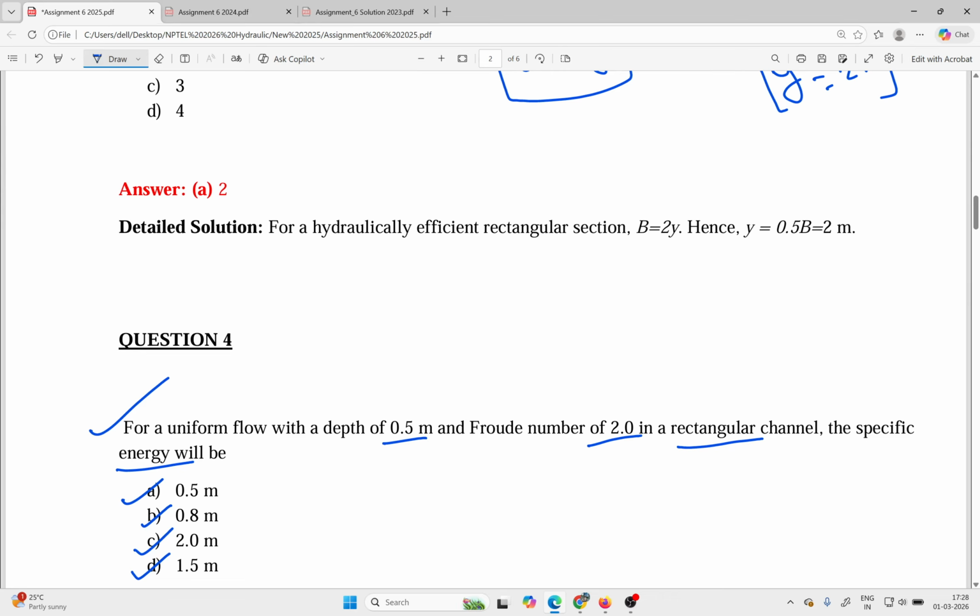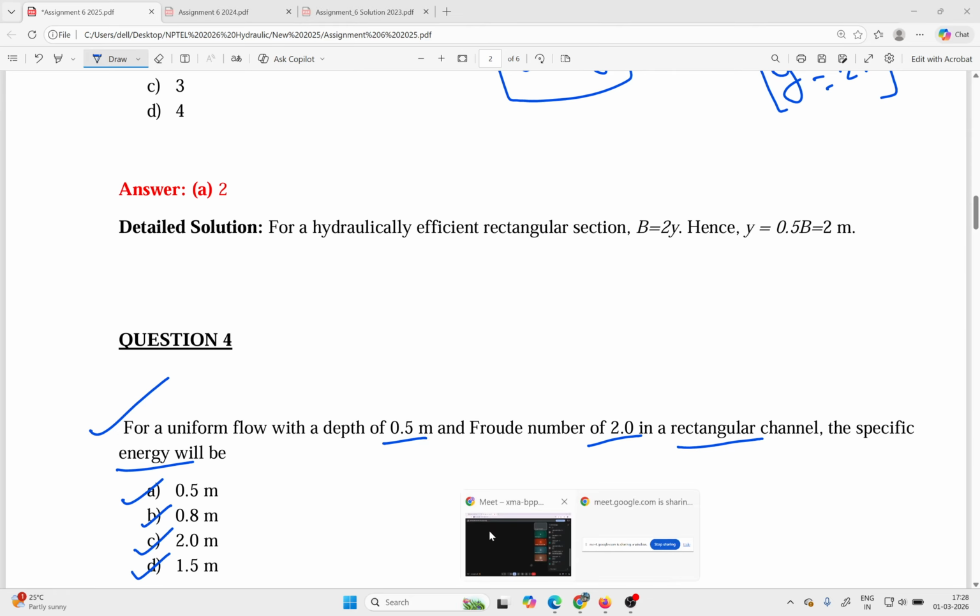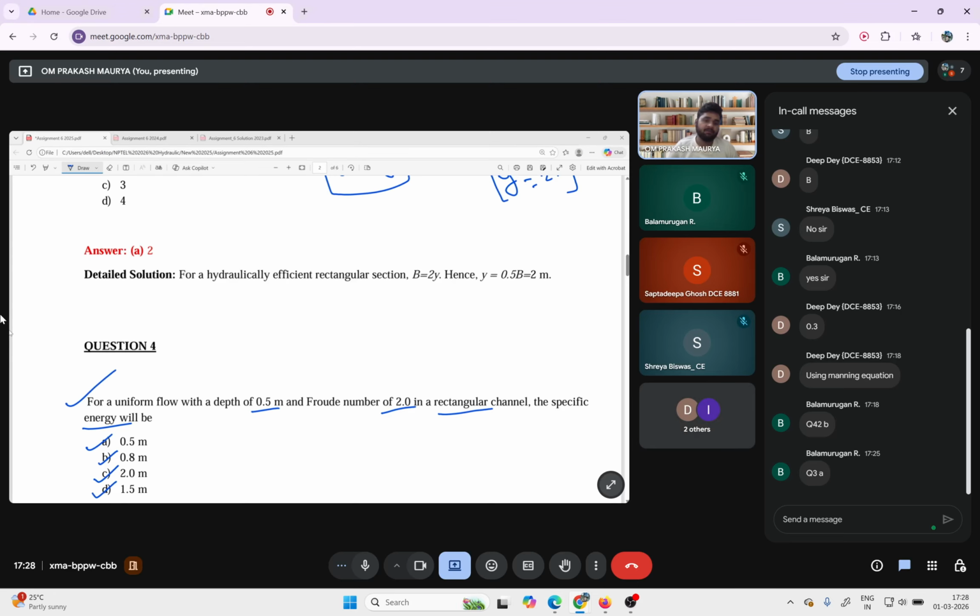Please try to calculate. Here you need to calculate the specific energy for the given condition: uniform flow depth and Froude number 2.0.